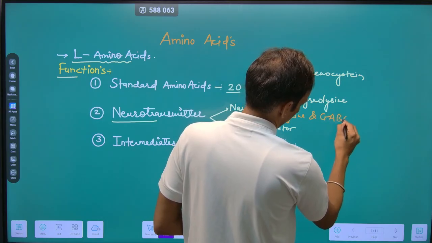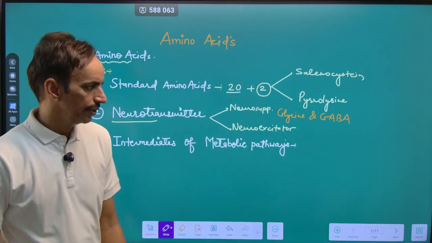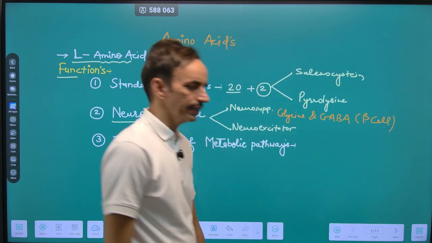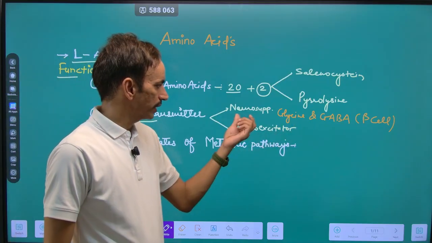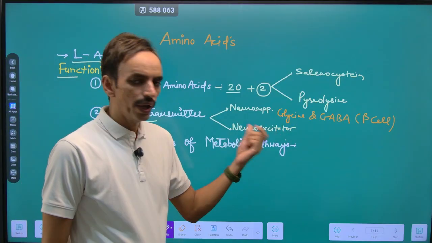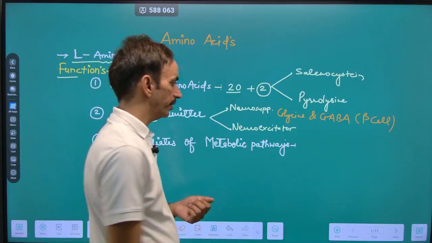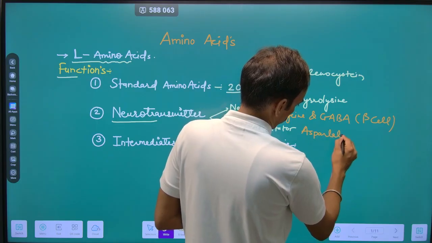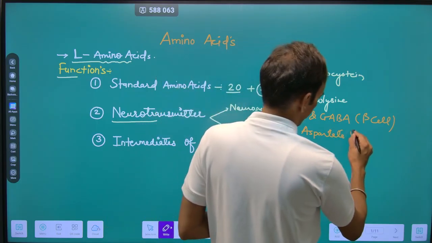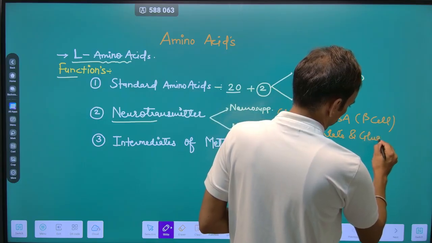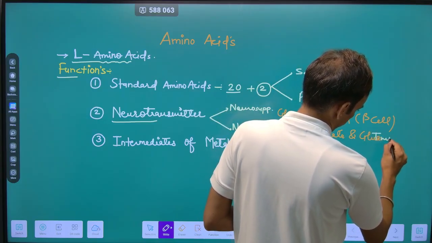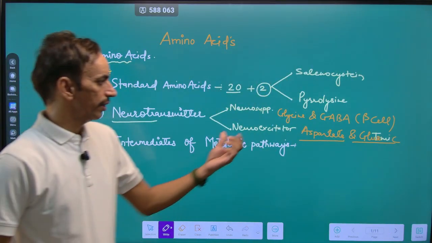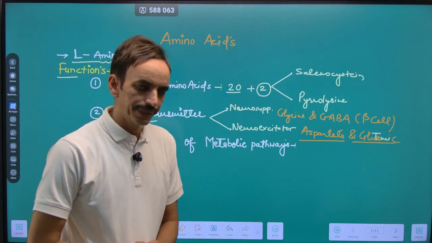GABA is gamma amino butyric acid, which is generally produced by the beta cells of pancreas, and it acts like a neurosuppressor. Similarly, there are neuroexcitator neurotransmitters. These include aspartate or aspartic acid and glutamate or glutamic acid, which act as neuroexcitators.